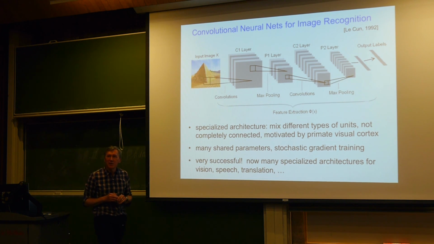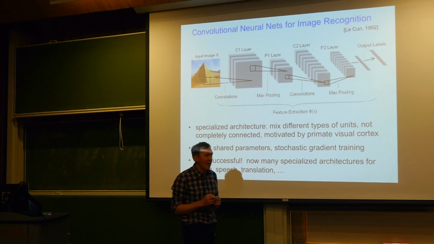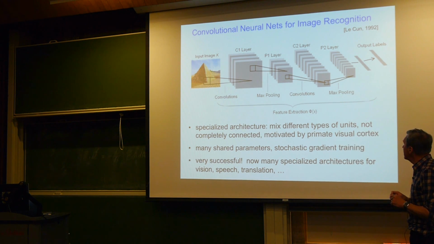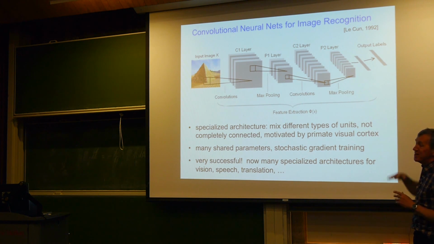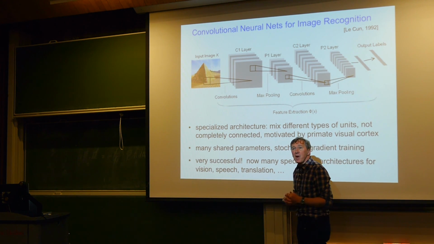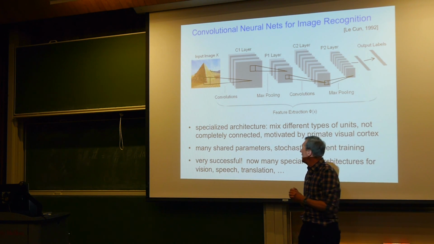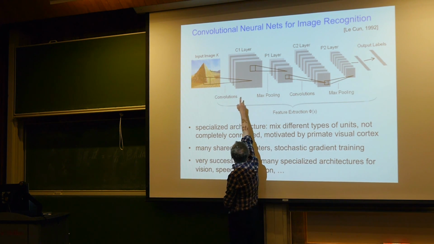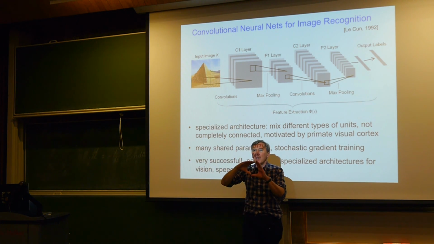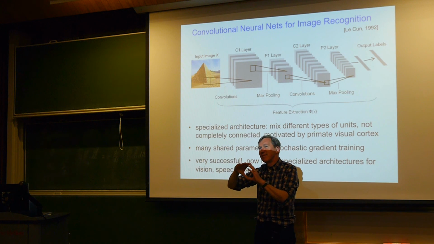Speaking of convolutional neural networks, here's another specialized architecture, which is very popular in computer vision these days. This is a diagram of a much deeper neural network, which differs from our standard architecture in a couple ways. One is in the first layer, each of the units really is sensitive only to a local patch in the image.